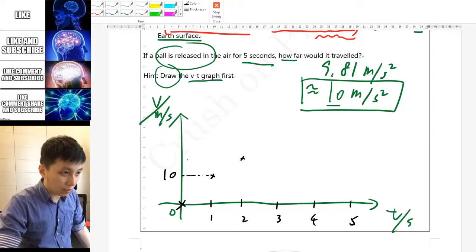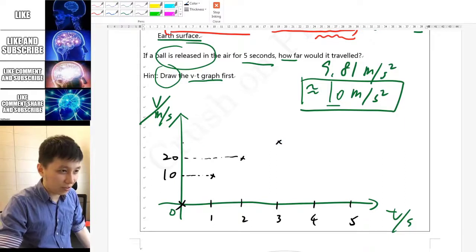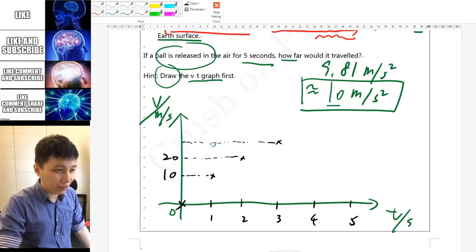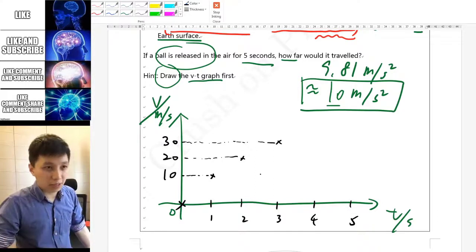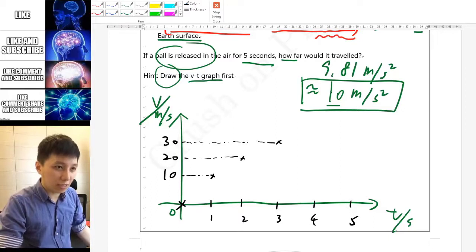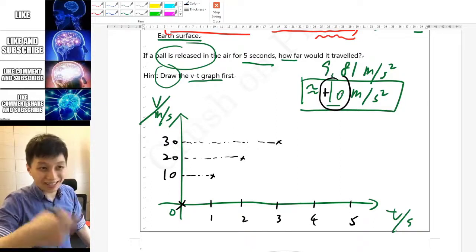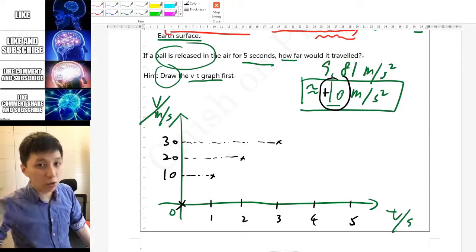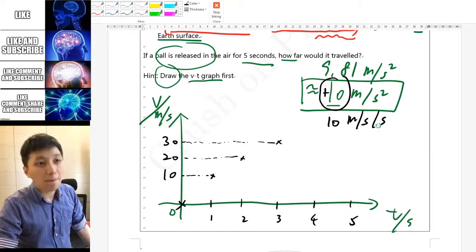Similarly, it will be 20. I'm afraid I don't have enough space, but I hope you can allow me this. This is not going to be to scale. Similarly, after 3 seconds, you get to 30 meters per second, because for each second you gain 10 meters per second. Acceleration is 10 meters per second squared, or you can interpret this as 10 meters per second per second.